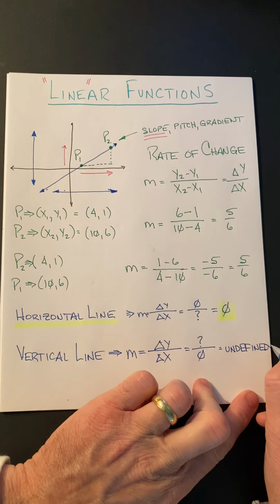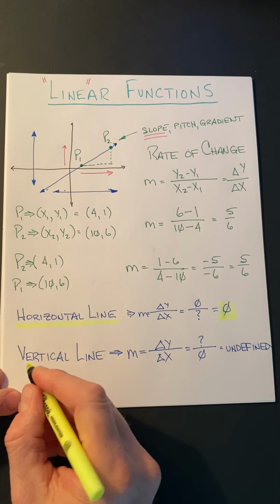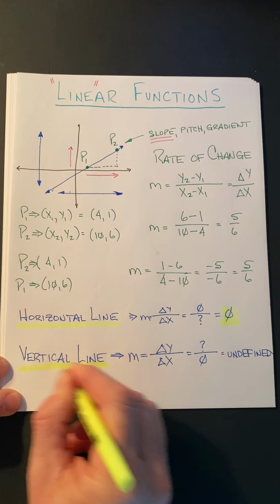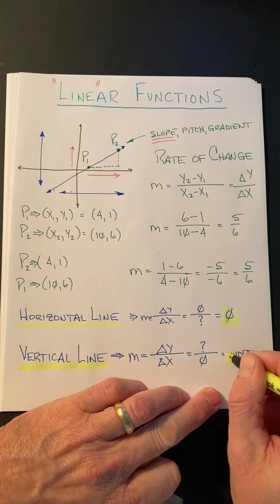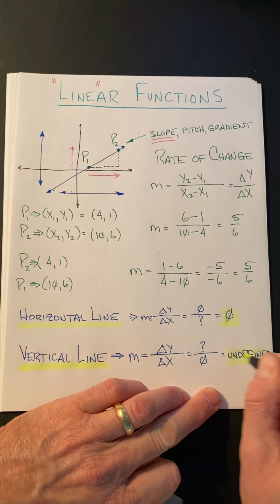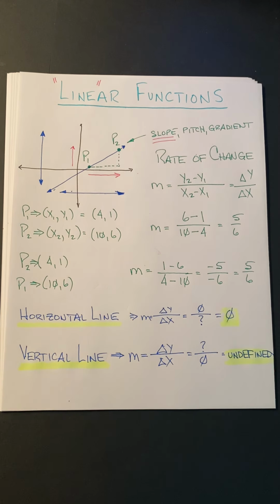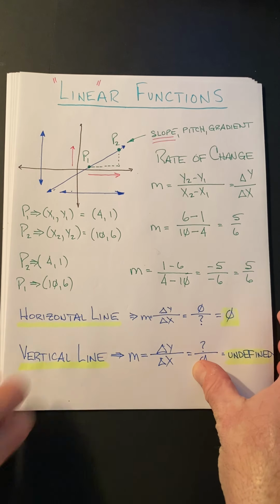Okay? So for every vertical line that you have, and it doesn't matter where it is in the graph, all vertical lines are going to have a slope that's undefined, okay? Always. So that's something really important to remember. Horizontals, slope 0. Vertical, slopes are undefined, okay?